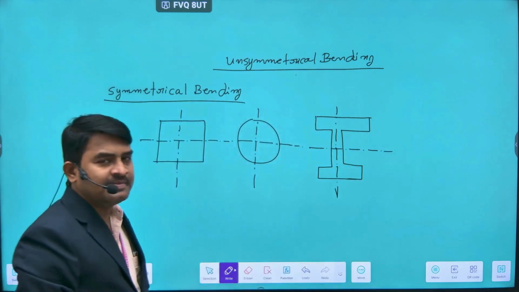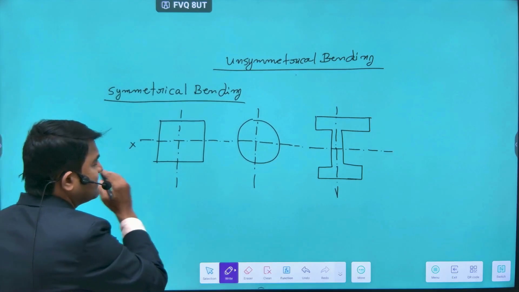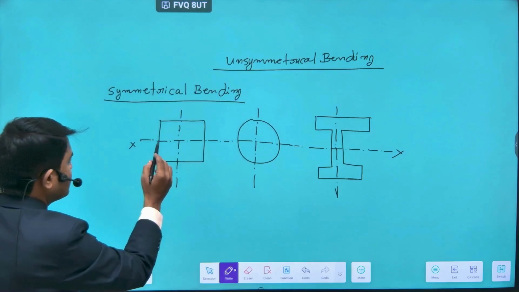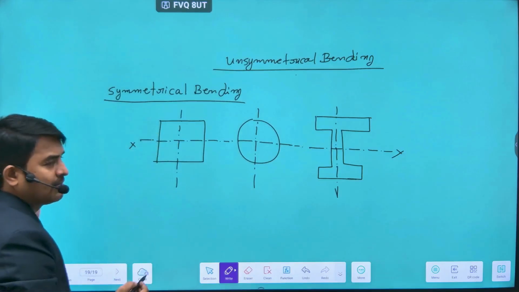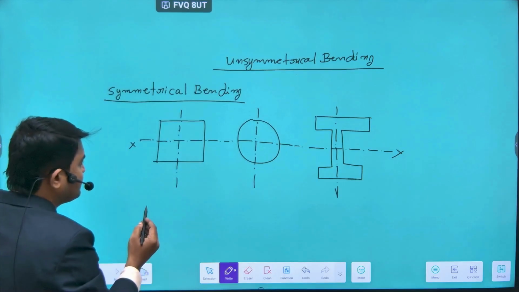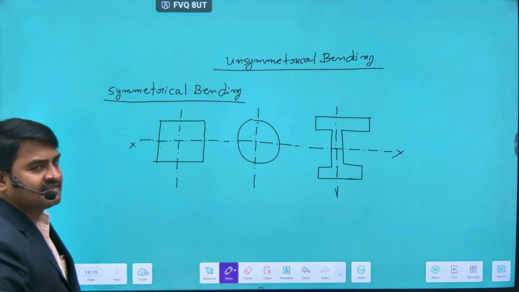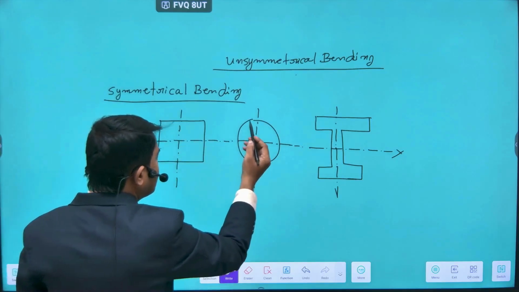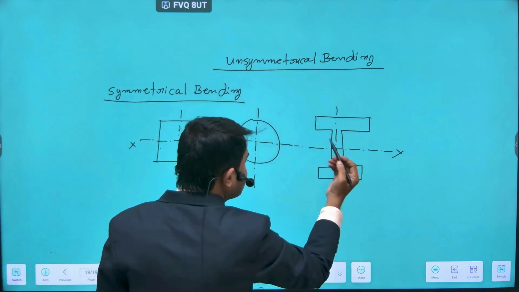Now, symmetrical is nothing but, if you see along the horizontal axis, that is xx, the section covered here is the same below the neutral axis and above the neutral axis, as well as about the y-axis. With respect to the y-axis, the section on the right hand side and left hand side is also the same. In a rectangular section or the circular section it is the same, and in the case of an I section it is also the same.